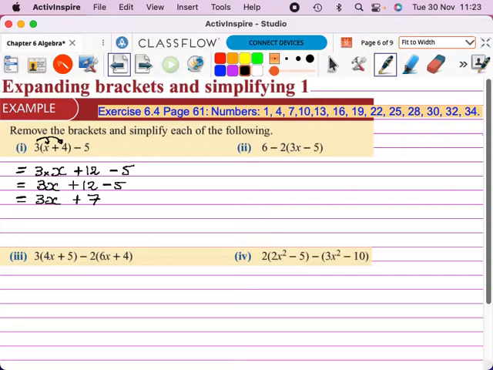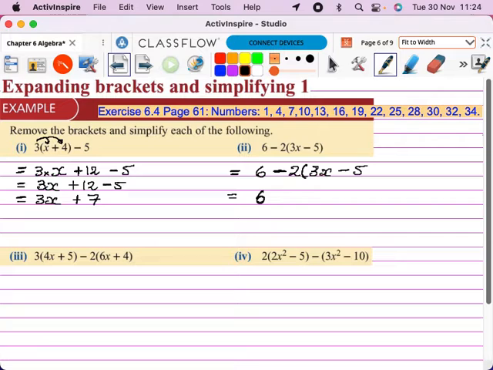Now, this next problem, I'm going to write out on the line before, afterwards, because I want to make room for what I want to do. Please look at the 6. The 6 is sitting on its own. There's nothing multiplying it, so we just write down the 6. This now says minus 2 on 3x.